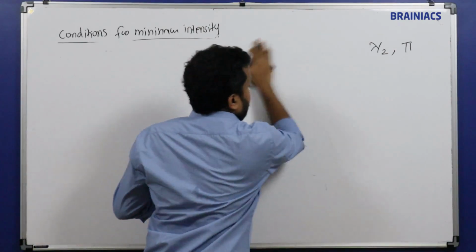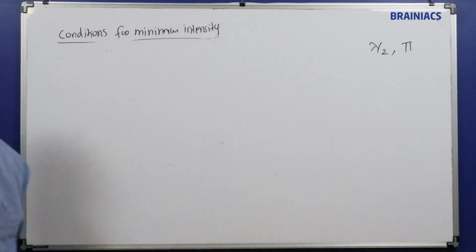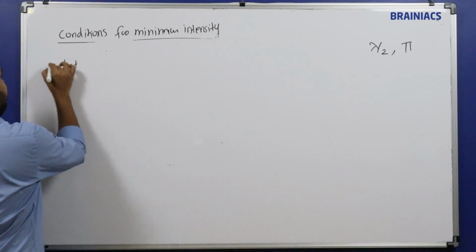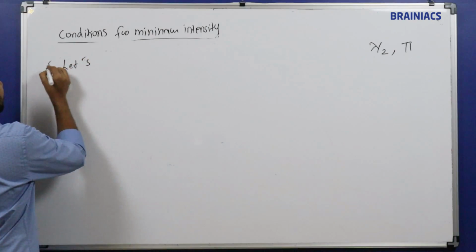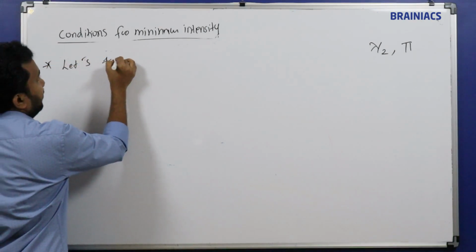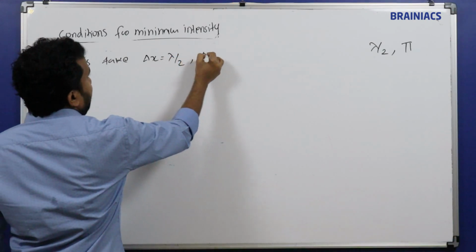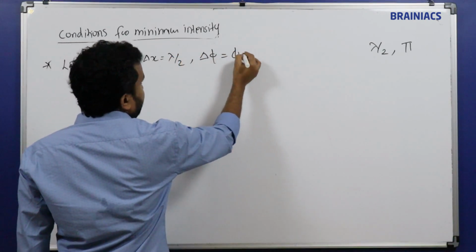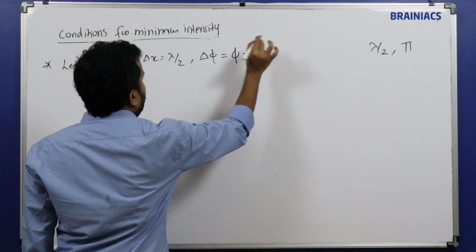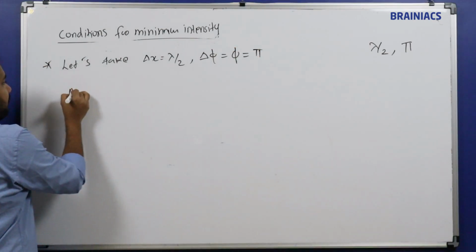Okay, so you can write the next point as: let us take delta x is equal to lambda by 2, and delta phi, as I told, in our case both are the same, and it is pi. Now we'll substitute into our amplitude equation.